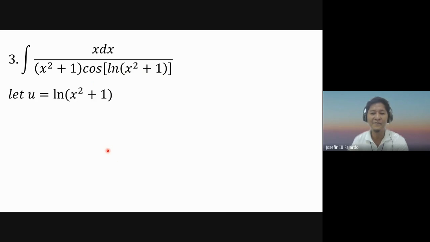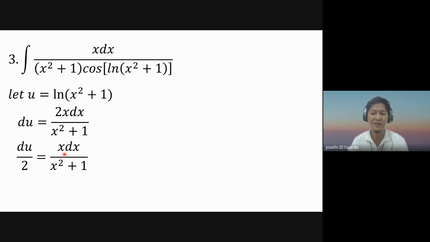Okay? And then if I take the derivative, di ba derivative of ln u, nalagay lang natin dito sa denominator and then derivative nito sa numerator. So we have this. Okay, so x squared plus 1, lagay sa denominator. Derivative ni x squared plus 1 is 2x. And then we place the x here. And then si 2, lipat na sa wala, i-divide both sides by 2.